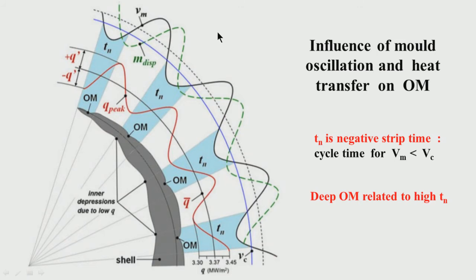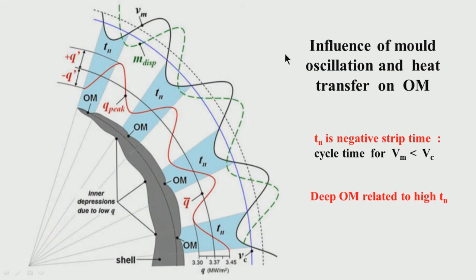Now, what is casting speed? Casting speed means the solid shell or the strand is always coming down. The mold is going up and down, up and down. Some part of the movement of the mold is up and then down, but the strand is always coming down, then only the continuous casting is taking place.